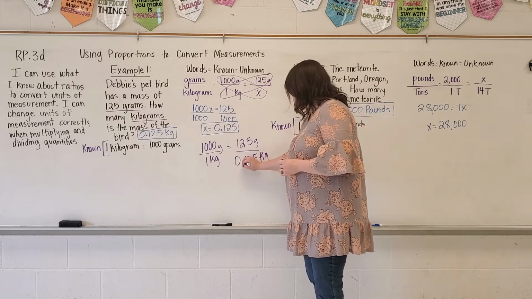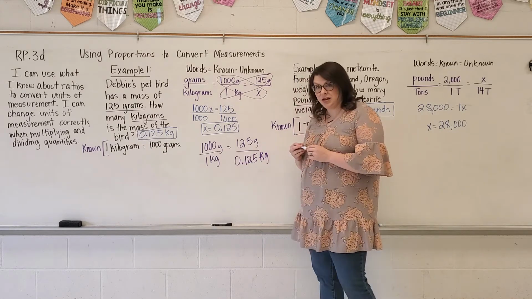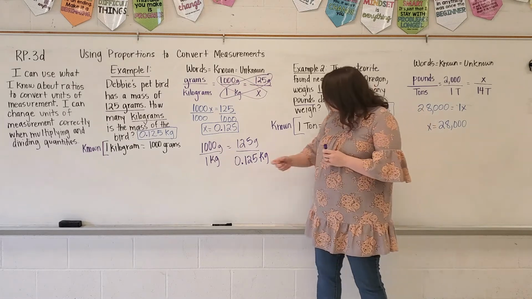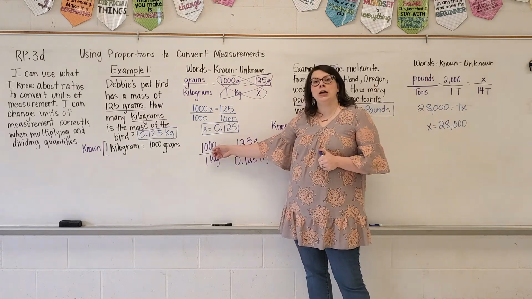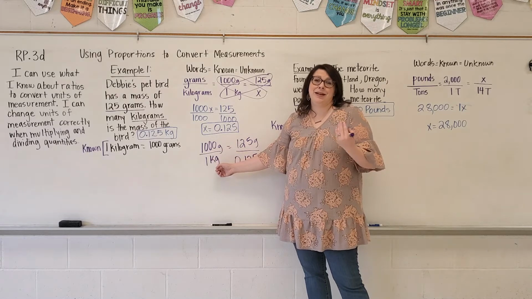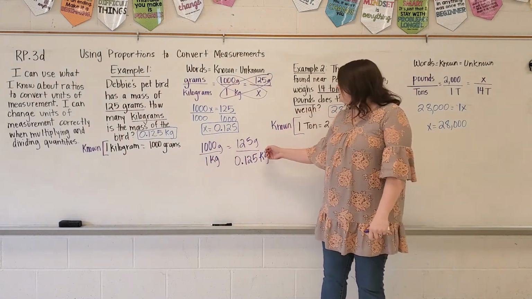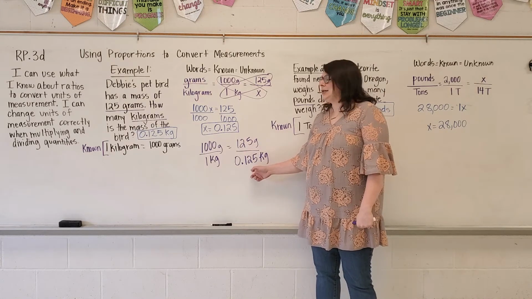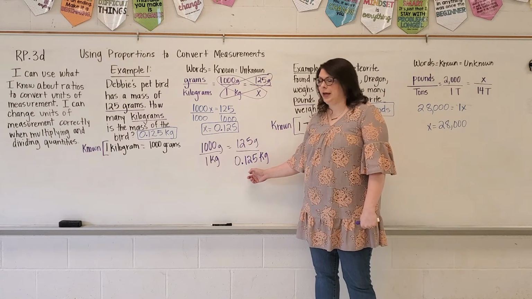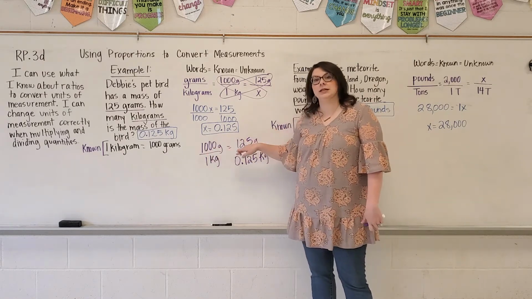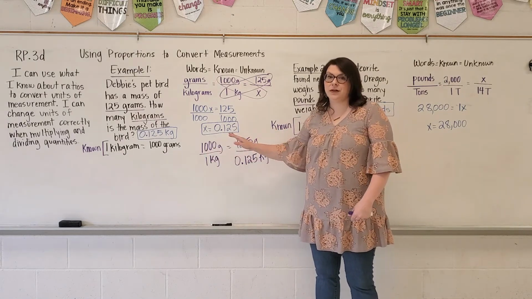If you look at this ratio, it makes sense because the proportion makes sense. In this example, the numerator is greater than the denominator, and that makes sense because a gram is much smaller than a kilogram, so it takes more grams to make a kilogram. When our kilograms decreased, our amount of grams decreased as well, and vice versa.